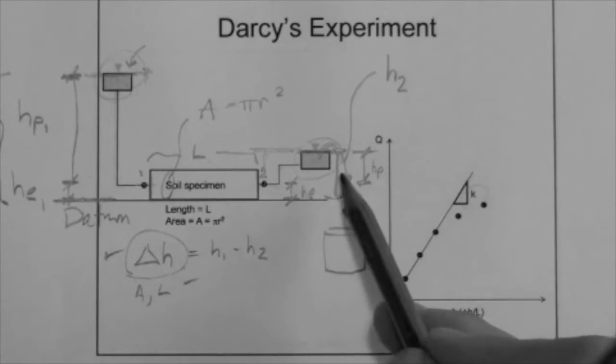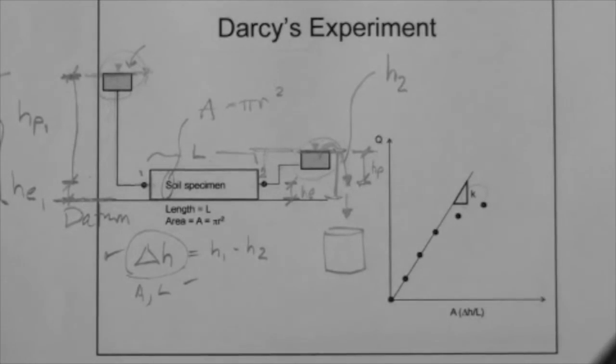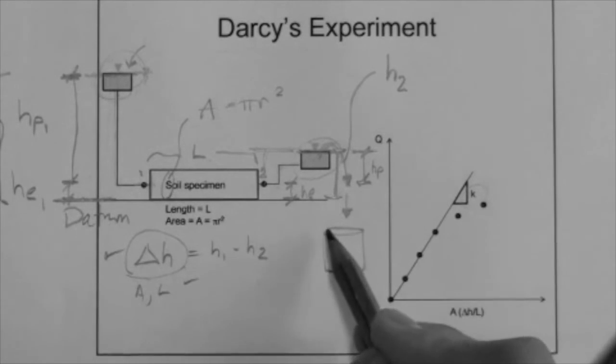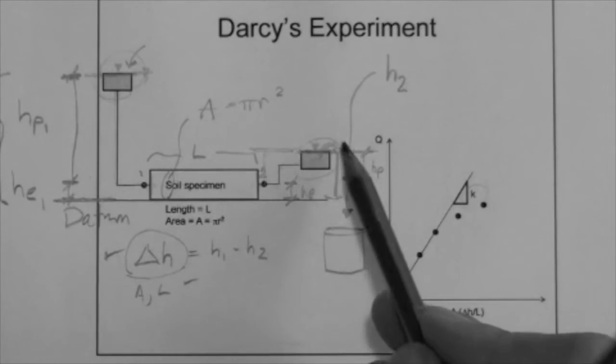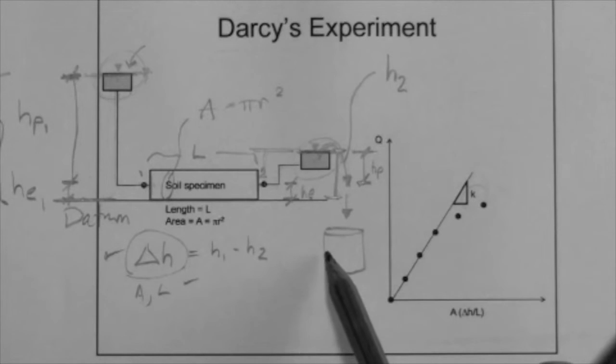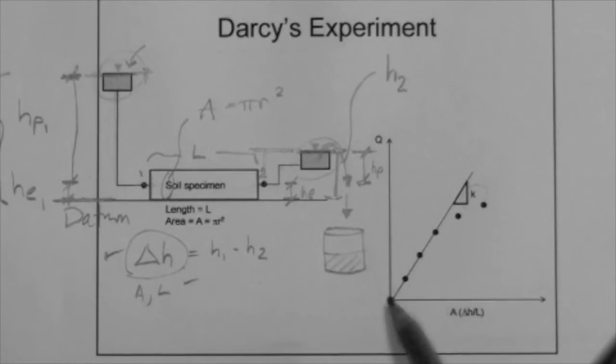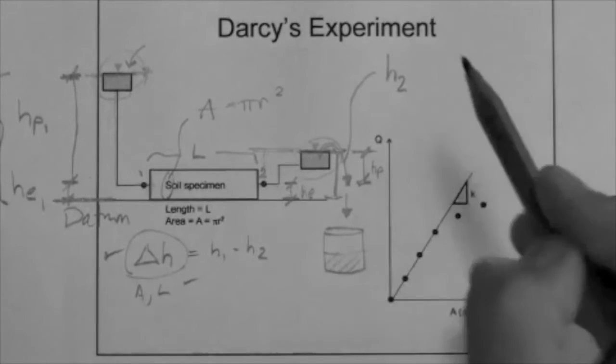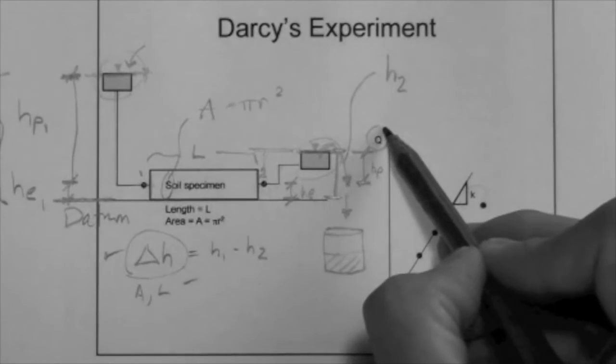And he timed, probably not with a stopwatch, but with a kind of old school stopwatch with needles and gears and all that, how long it took for a given volume of water to be collected. So for example, 1 cubic centimeter per second, something like that. That is a measure of Q, flow rate.